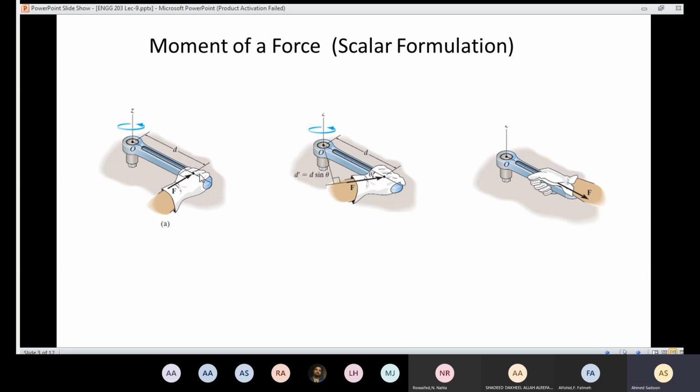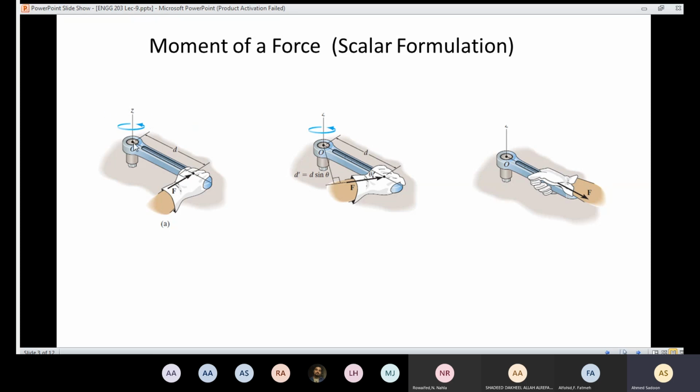In order to do that, we find out that if we increase the force here, the rotation is going to be increased. Also, if I increase that distance here, which is perpendicular to the line of action of the force, the magnitude of the moment is also going to increase.